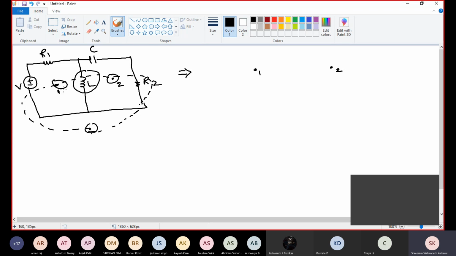There is one passive element in between node 1 and node 2. Okay, what is that? Capacitor. Inductor. This is the inductor. The inductor is in between node 1 and node 2. So we are going to replace it with C.